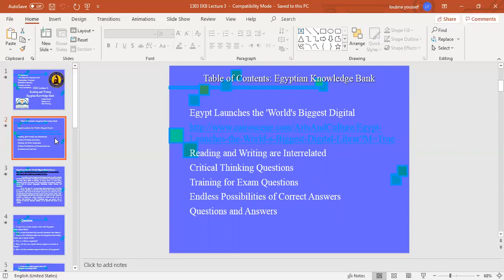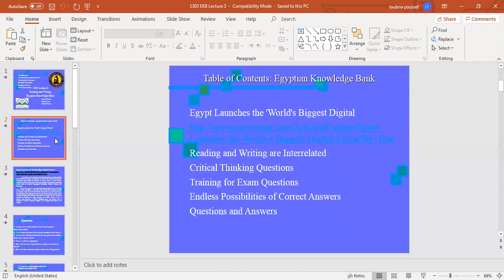What does launch mean? It means the first start of this bank. Now, launch in Arabic means al-intilaqa.